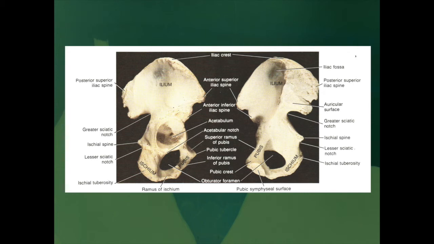Posteriorly, the iliac crest ends in the posterior superior iliac spine. So we have these two spines, one on either side. The spines themselves serve as important attachment points, again, associated with abdominal muscles for the most part.